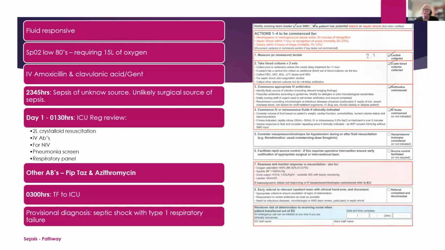She was fluid responsive, so her blood pressure did improve with fluid. Her saturations required more, 15 litres of oxygen, but it wasn't maintaining adequate saturation. She had IV antibiotics and sepsis of unknown source at this stage, so likely source control required by surgery.